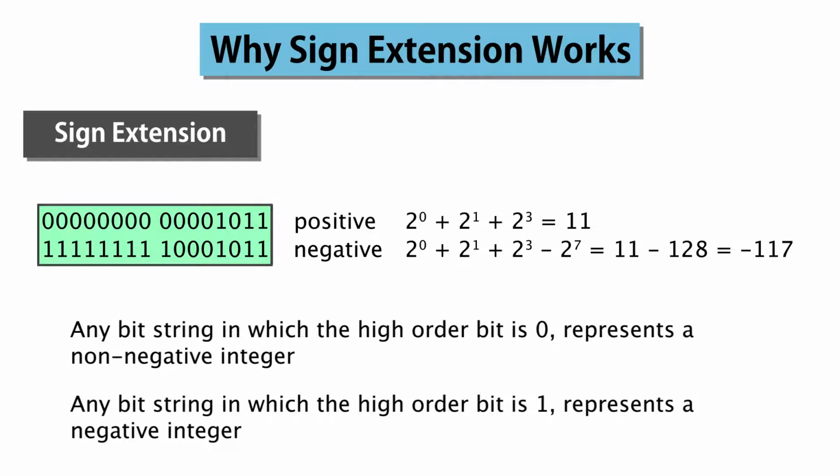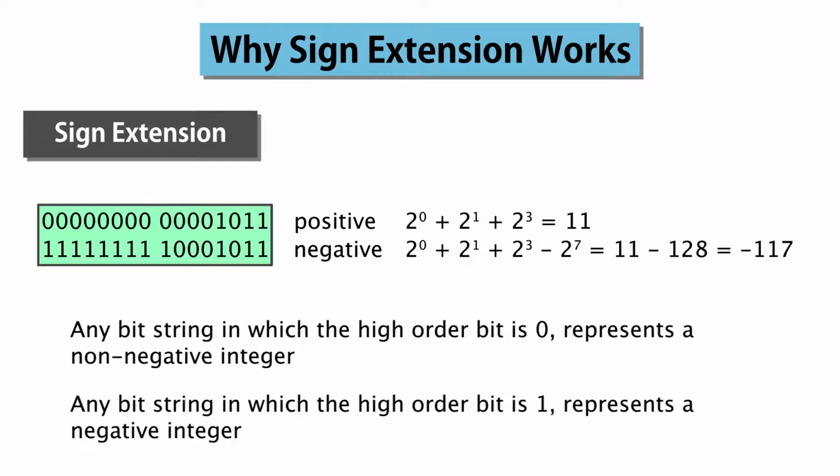When interpreted as a 16-bit 2's complement number, this should have the same value as our original 8-bit 2's complement number, namely minus 117. Of course, we could verify that for this specific example using our 2's complement evaluation rule. But trust me, it evaluates to minus 117 as expected.